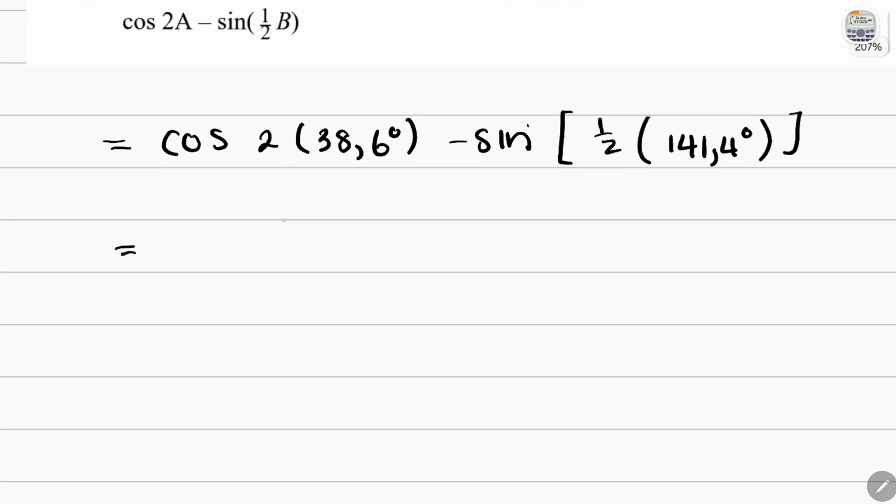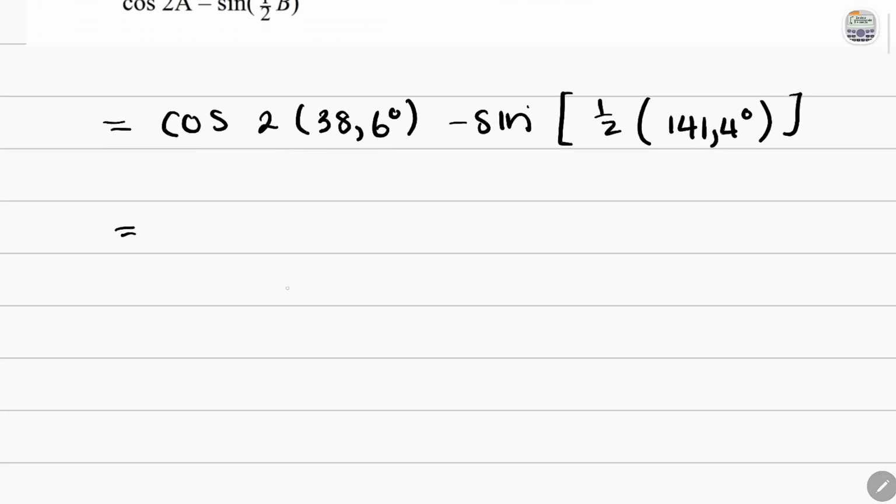So the value of cos, and we have 2 times 38.6. You can take 38 times 2 first, and that's going to be 60 plus 16, which is 76. And then 0.6 times 2 is 1.2. So then it's going to be cos, and in the bracket we're going to have 77.2 because we are adding.